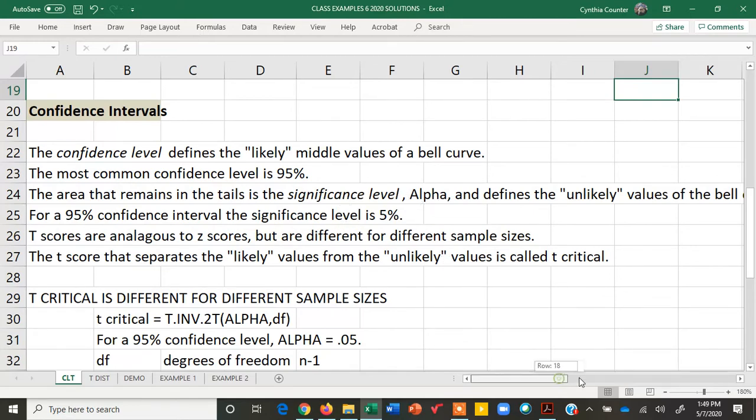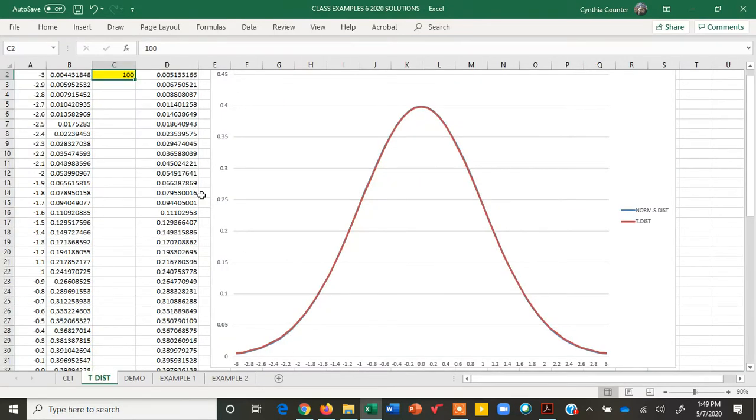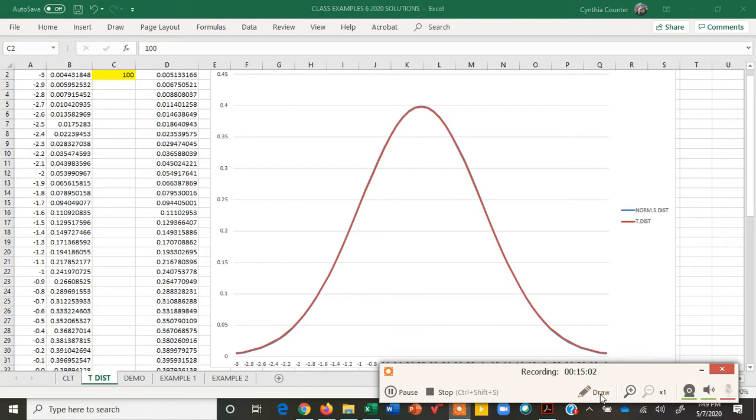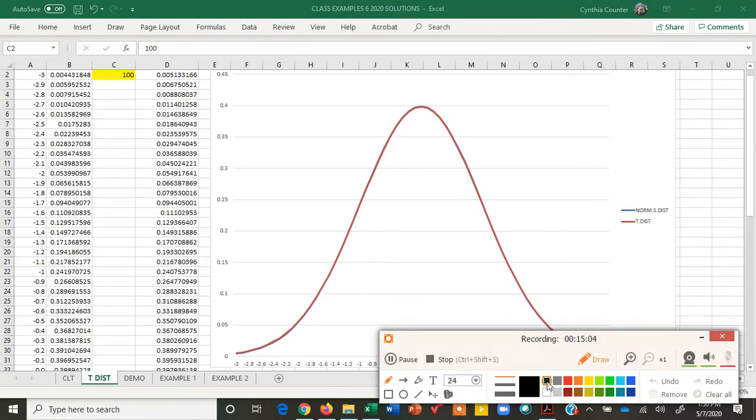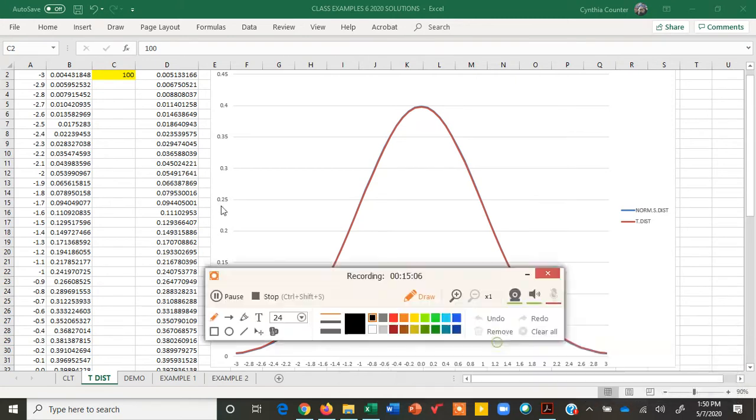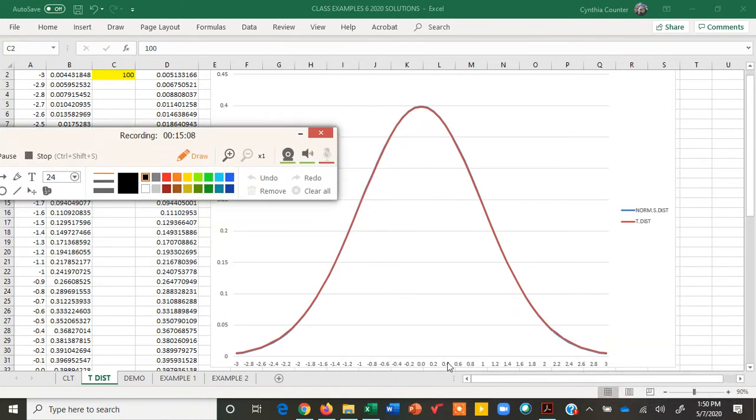Let me draw you a picture, or actually let's go back to our picture over here. So what we want to look at is what's going on here. According to the central limit theorem, we have an approximately normal distribution, closer to the standard normal for the larger sample size.